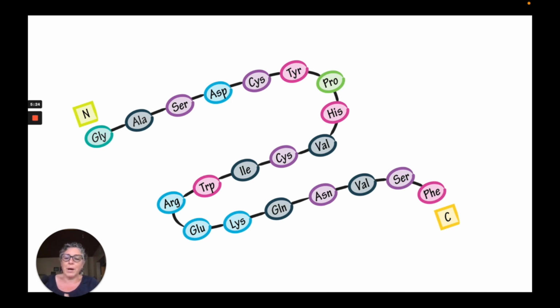The carboxyl group from one will join to the amine group from the next in the chain, and so on and so forth, all the way down. And so that now forms your peptide chain and eventually your polypeptide chain. And so these 20 different amino acids in various combinations and various numbers form all the protein structures that make up living organisms.